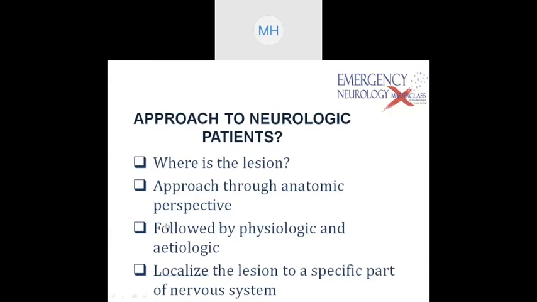We can approach this problem through the anatomic presentation of the tracts and also the lobes or areas inside our brain or brainstem. Then we also need to know the physiologic or etiologic cause of that lesion. Then we summarize everything and localize the lesion to that specific part of the nervous system.